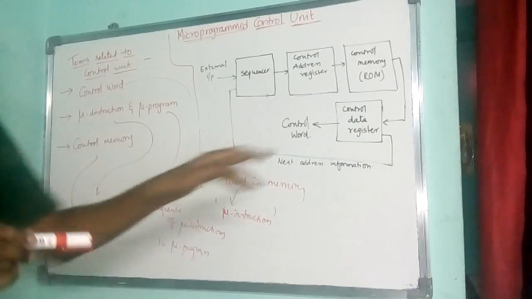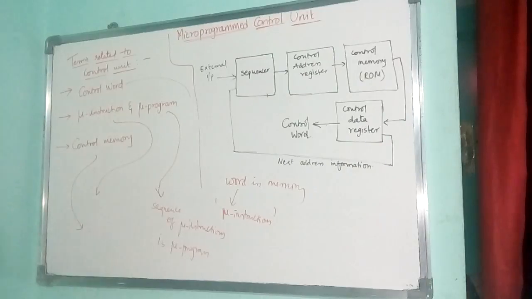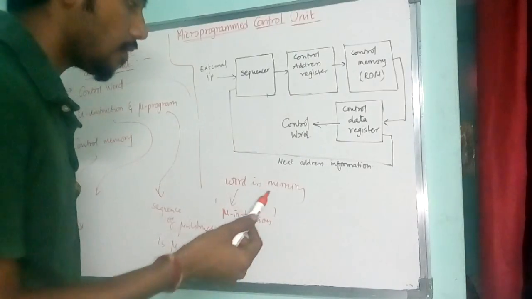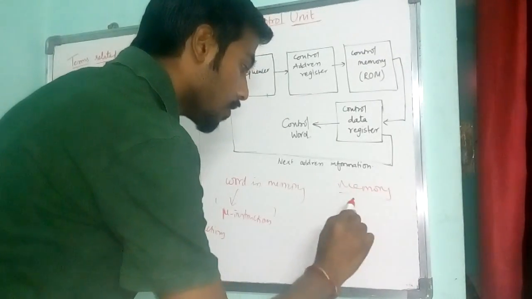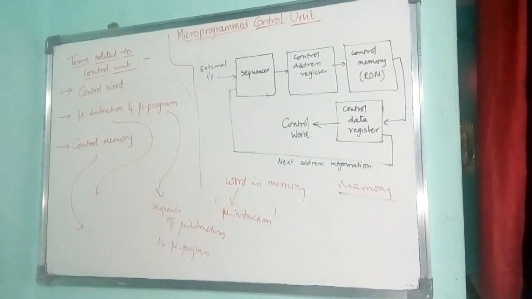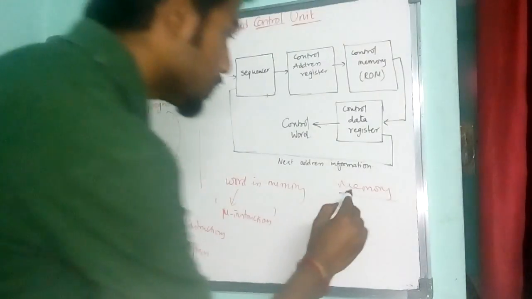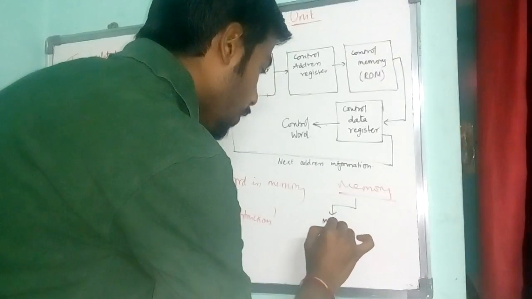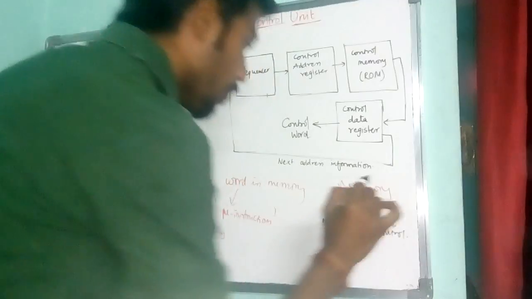That means ROM acts as the control memory. Memory is divided into two types: one is main memory and the other is control memory.